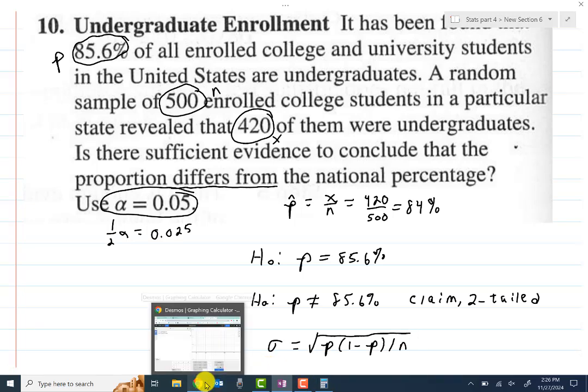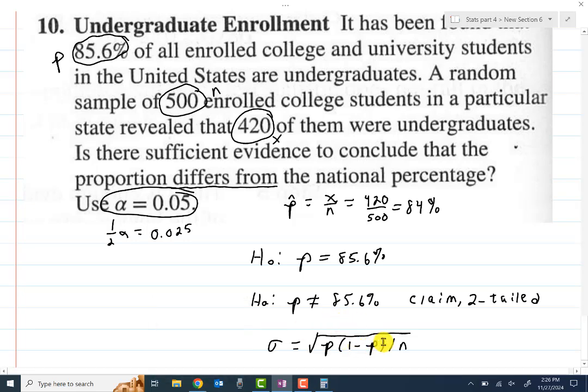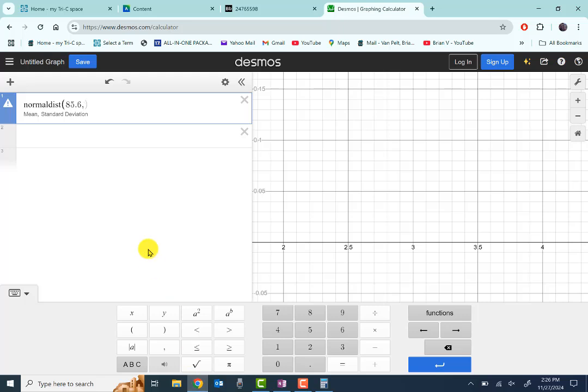All right, so come back. And I'm going to put this in using decimals as well. I'll show you what I mean here. So we have the normal distribution, 85.6. That shouldn't be a big deal.